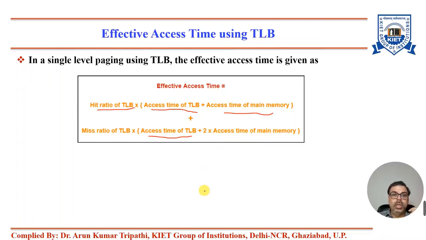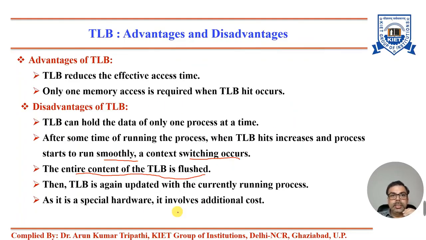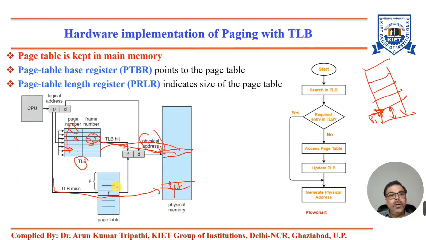Why is it 2? Let us go back. Firstly, it will search for the page table entry, and the page and frame mapping corresponding to it will be brought up here; the bringing time is almost negligible.